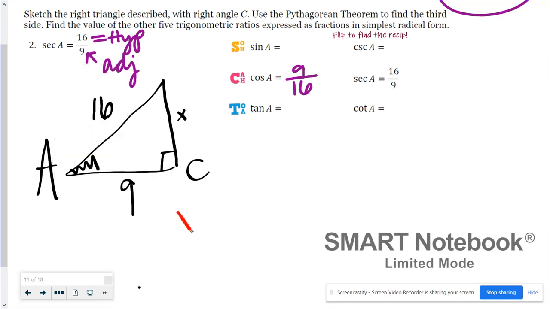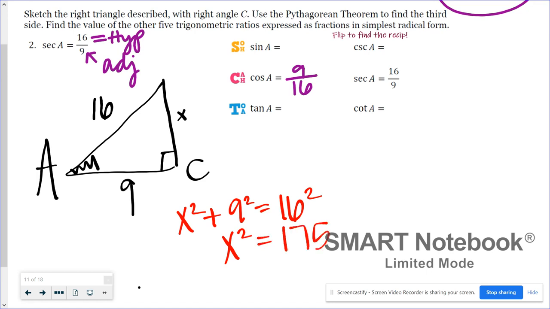We're going to say the leg squared plus the other leg squared is equal to the hypotenuse squared. We do our math and we get that x squared is equal to 175. Then we take the square root of that and simplify it.